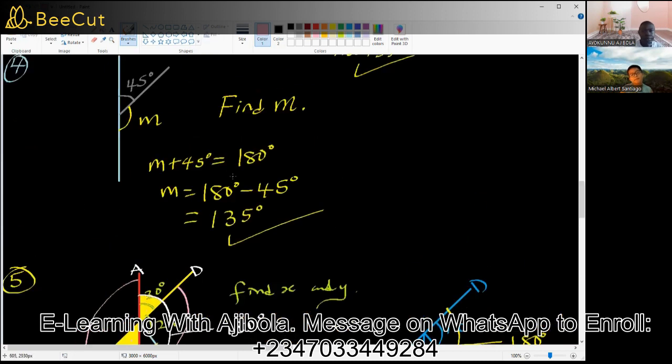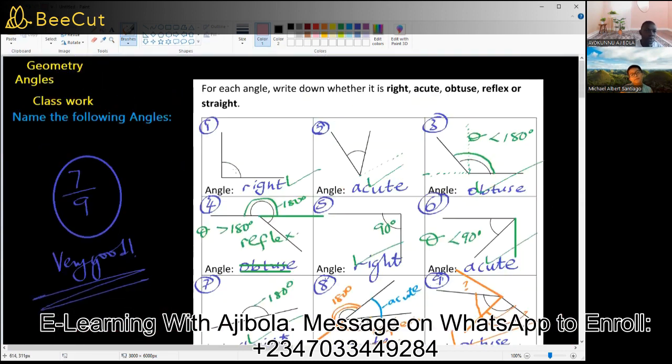So to round up today's class, let us go back to where we started from. We started by checking the type of angles, the name of the angles, and we were able to name the right angle, the acute angle, the obtuse, the reflex, and the straight angle. And we found out that angle on a straight line is called straight angle. Is that clear? Clear.